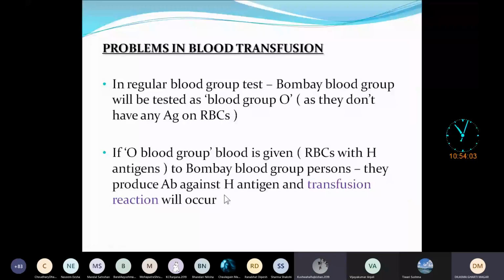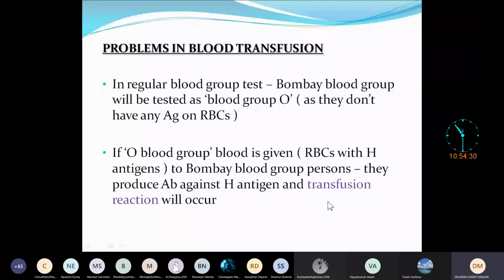Here is the same sentence: Bombay blood group people will show their blood group as O blood group. Now if blood group O from normal people having the H antigen is transfused to a person with the Bombay blood group that doesn't have the H antigen, this O blood group with H goes to the recipient who does not have this H antigen.